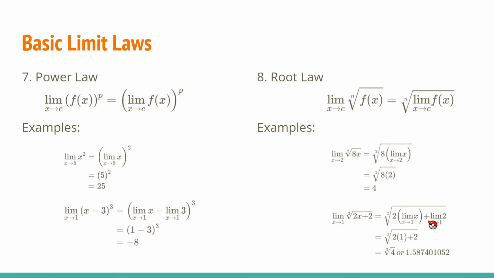So 2x, that's basically 2 times the limit of x as x approaches 1 plus the limit of 2 as x approaches 1. So we will get 2 times 1 plus 2. And then eventually we will get the cube root of 4.